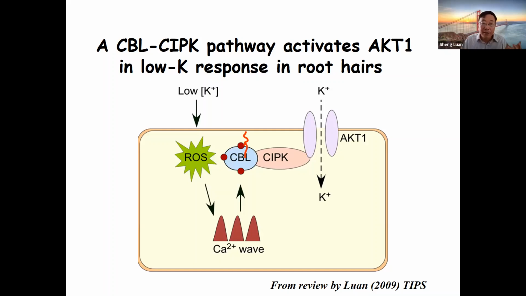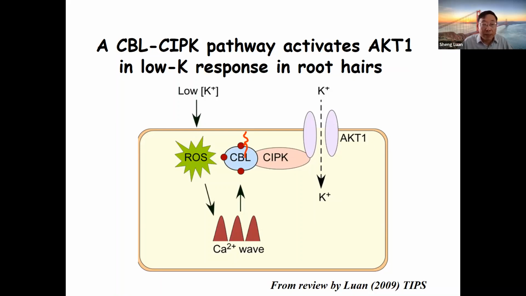That makes sense physiologically, because when you're starved, you eat faster. But the molecular mechanism underlying this low-potassium-enhanced potassium uptake had not been known until our finding of CBL, CIPK regulation of AKT1.